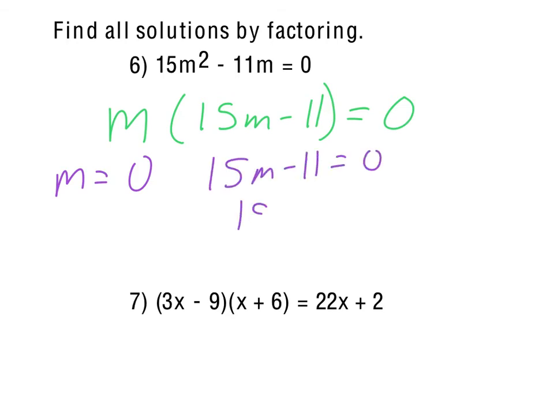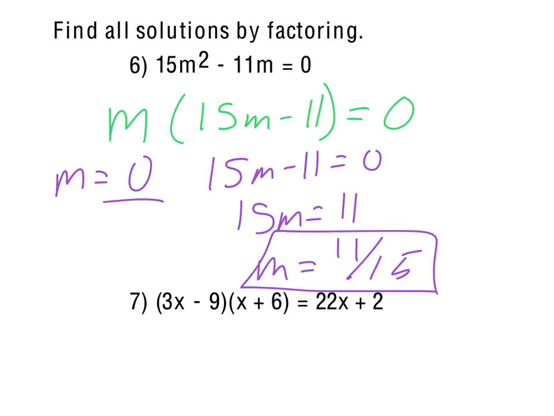We would add the 11 and then divide by 15, so m would be 11/15. So 11/15 and 0, that's what we're looking at for the solutions. And you can check those by plugging them back in. Make sure that they make the original equation true.